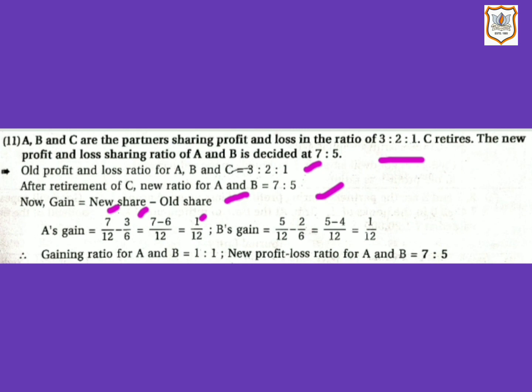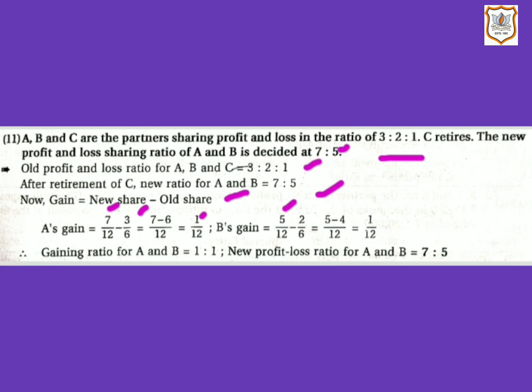Now we will obtain B's gain. Here B's new share is 5/12 as per new ratio, and old share of B is 2/6 as per old ratio. So if we solve it, we will get 1/12 as B's gain. Therefore, gaining ratio for A and B is equal to 1:1.